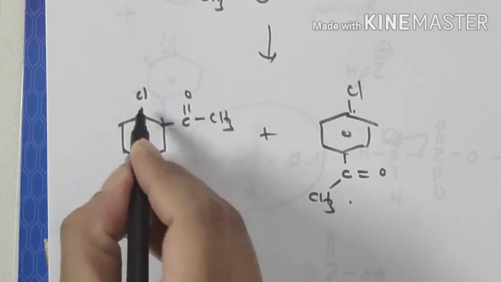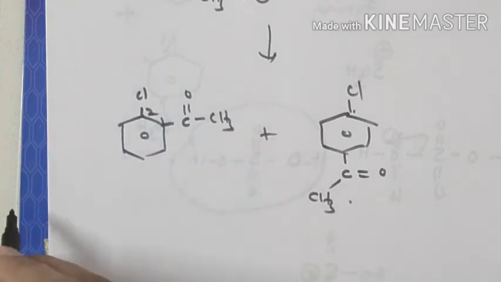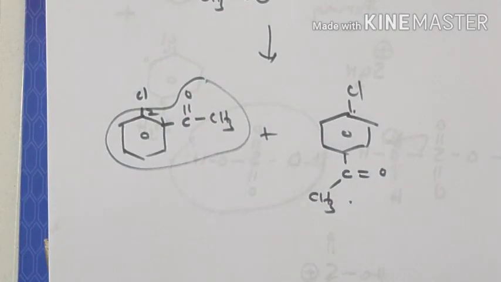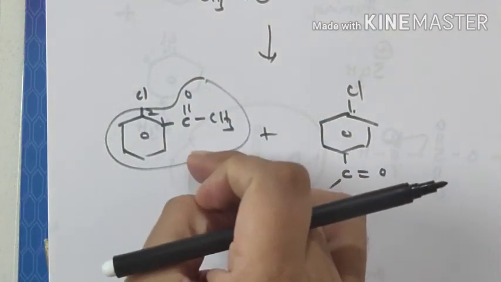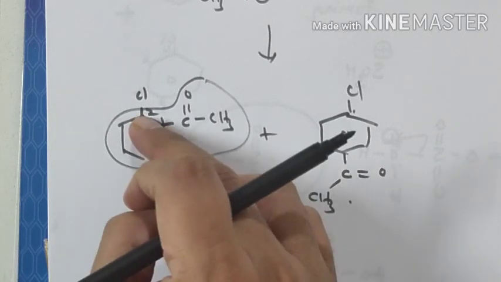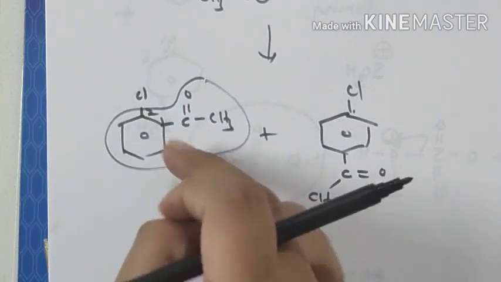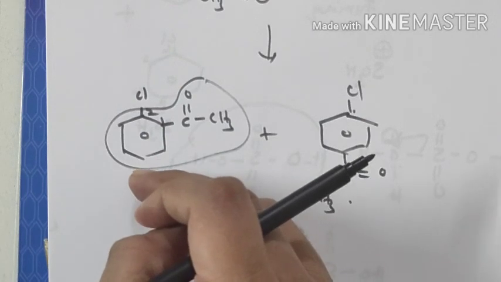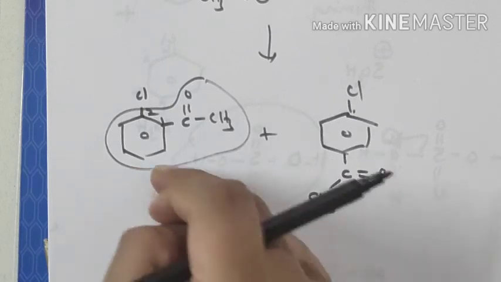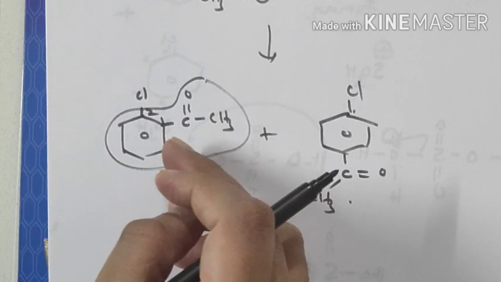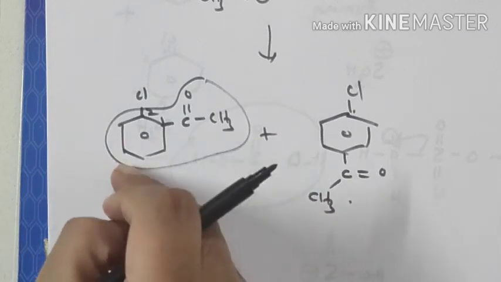See, this is 1, this is 2, right? And what do I call this? What is the name of this? This is called acetophenone, and at the second position chlorine is present, so this is called 2-chloroacetophenone. Is it clear? And one thing, mostly in our textbook they have written 1-chloroacetophenone.